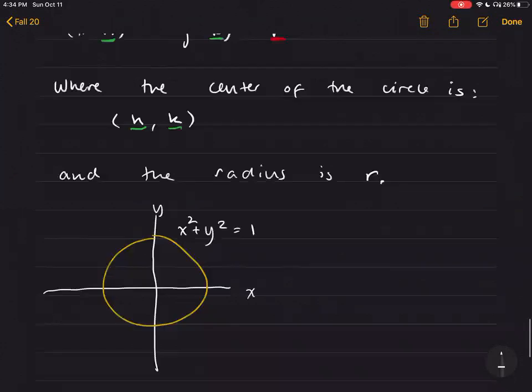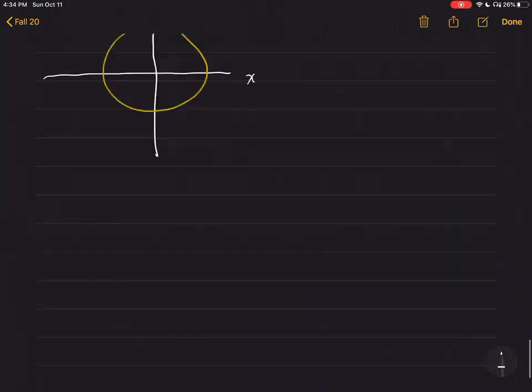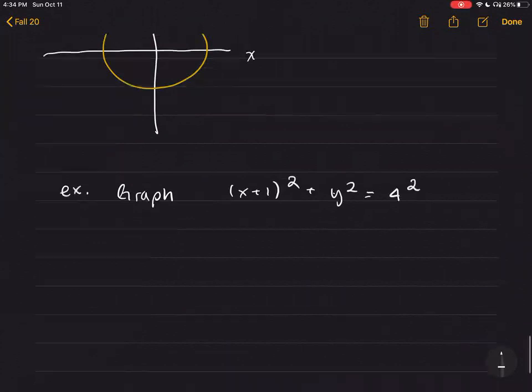And then if we wanted to look at an example of how to graph a circle, if we graphed (x plus 1) squared plus y squared equals, and I'm going to write it as 4 squared. Secretly, there is a (y plus 0) squared here.